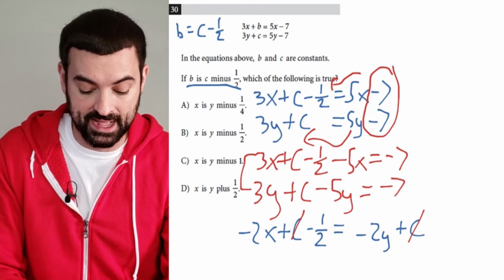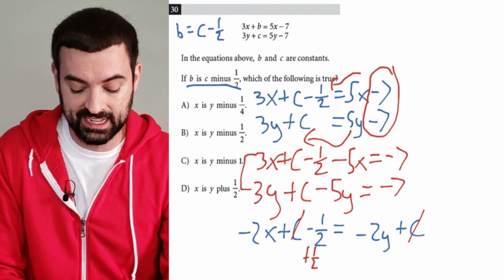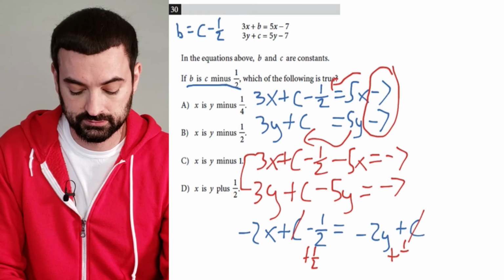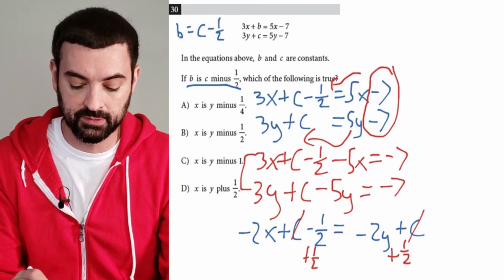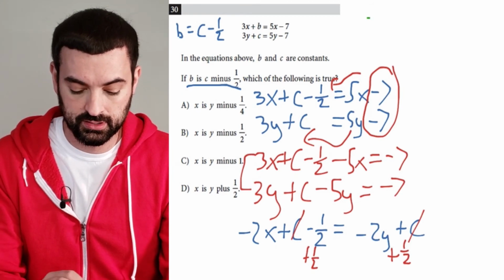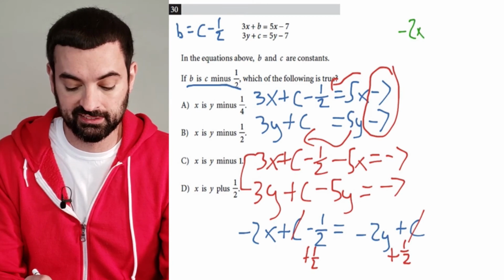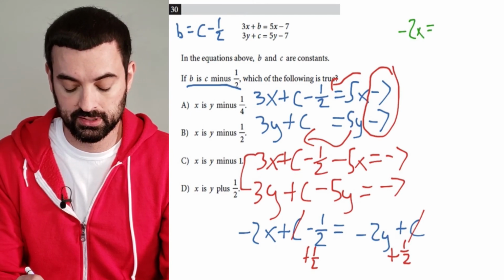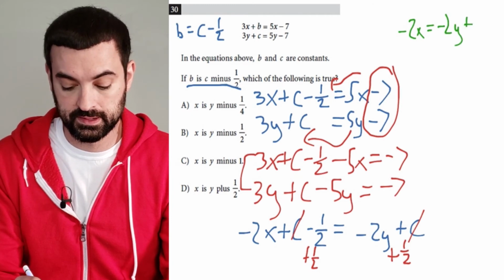This isn't so bad. I'm going to add 1/2 to both sides. I'm going to work up here in the corner a little bit. I'm going to change to green too. I've got -2x equals -2y plus 1/2.